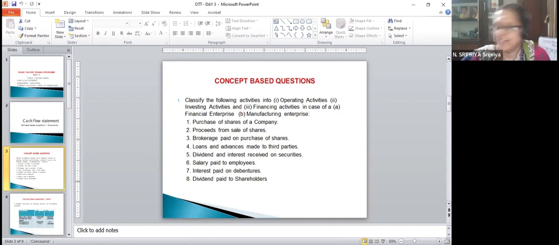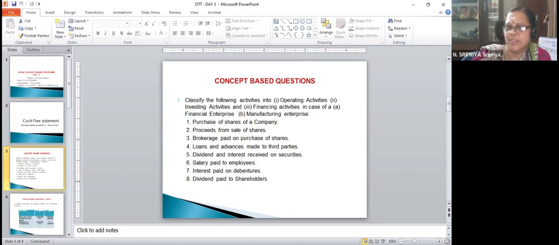Please remember, dividend paid to shareholders can never be an operating activity for any type of business organization. Why? Because a company will issue shares only for its own purposes. You will understand, only when a company wants to raise funds can it issue shares.